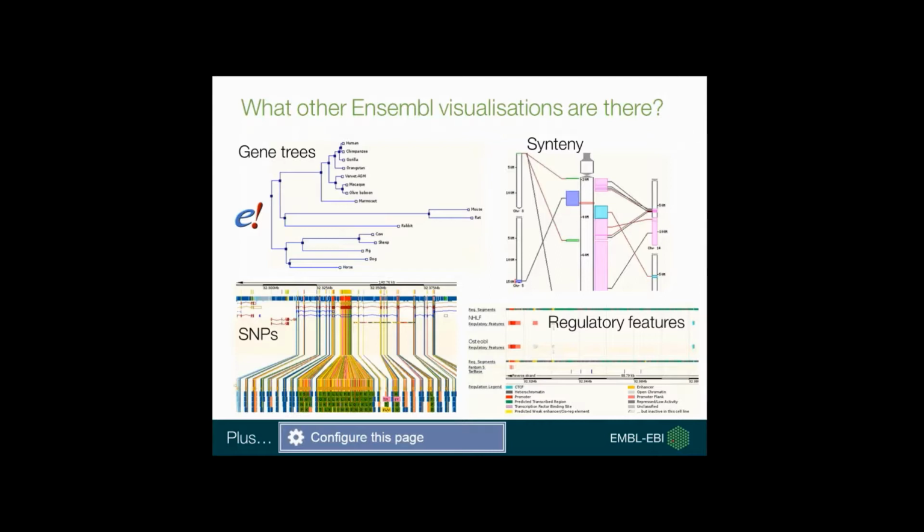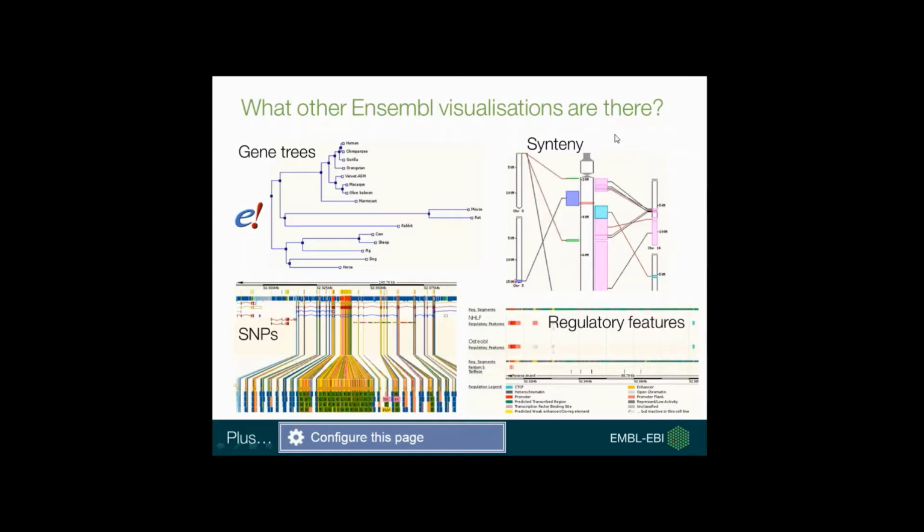So that was just one view of Ensembl, but actually it's a vast resource and there's loads of different visualizations available. So I just pulled out 4 which I thought looked particularly pretty. One is that we compute for you phylogenetic gene trees, so phylogeny is based on individual gene sequences. This is one that's shown here.